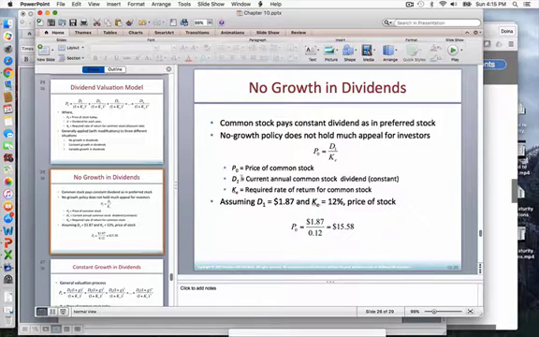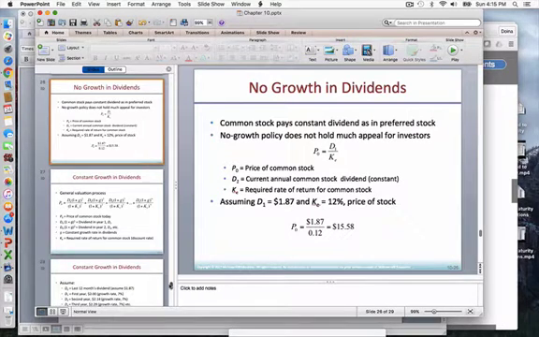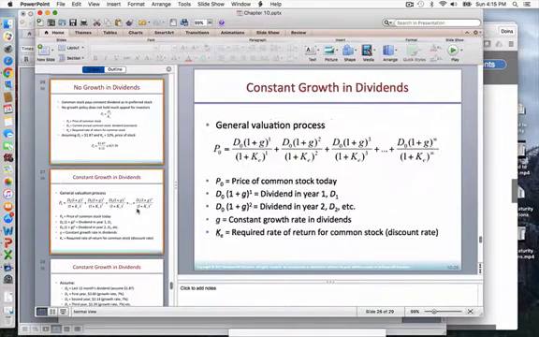This time we use P0 for the price of common stock, D1 for the no growth dividends, so they are going to stay the same, and that's the required rate of return. If we have a dividend of $1.87 and a required rate of return of 12%, that's going to be the price of the stock.